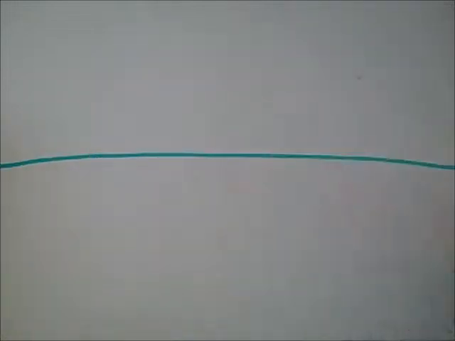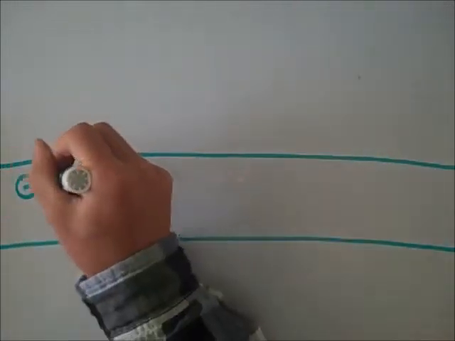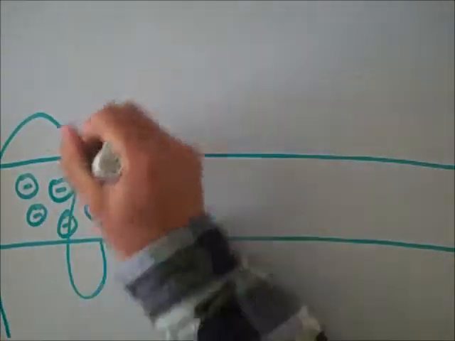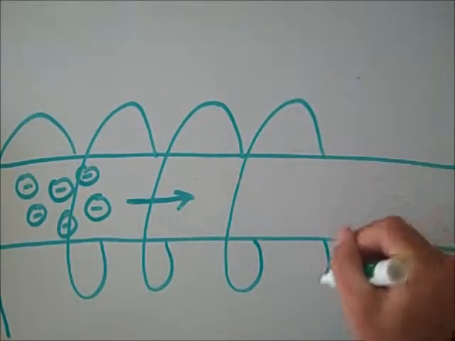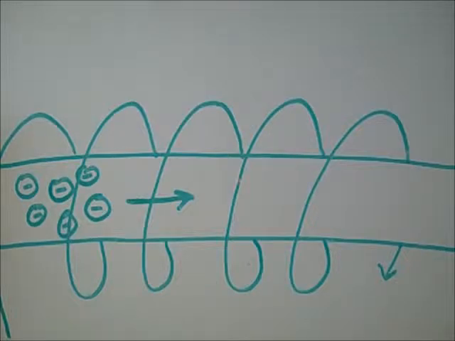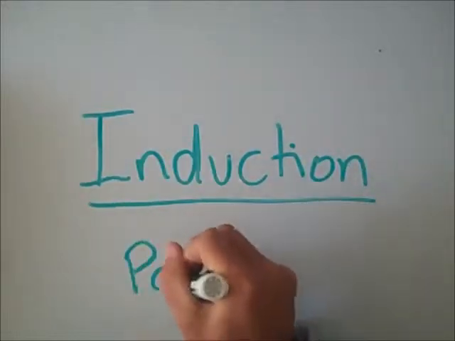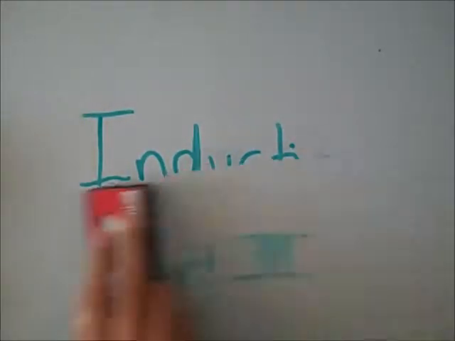An easy way to understand this is if you have electrons moving through a wire, so there's a voltage, potential energy pulling these electrons, a magnetic field will be produced around this wire. So that's basically the extent of electromagnetism. Now induction is the final part in our series, and it's kind of hard to understand.